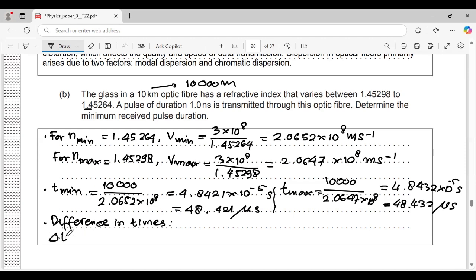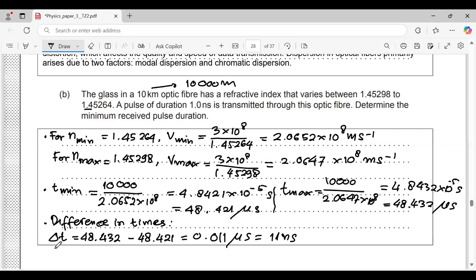So delta T equals 48.432 minus 48.421, and the result is 0.011 microsecond, or 11 nanoseconds.